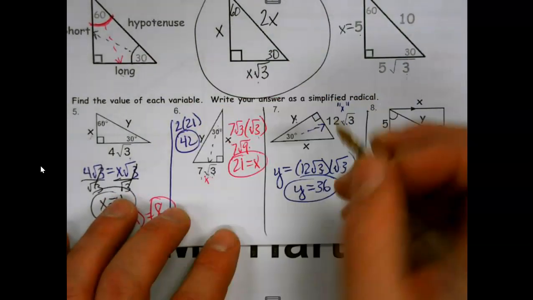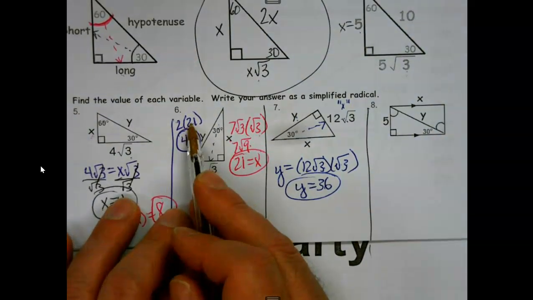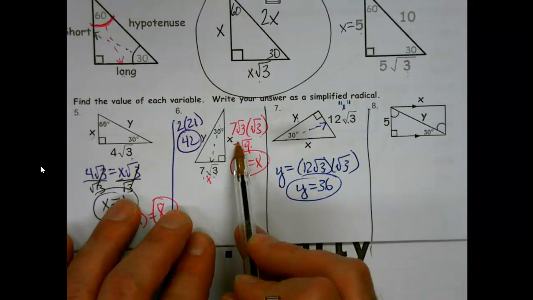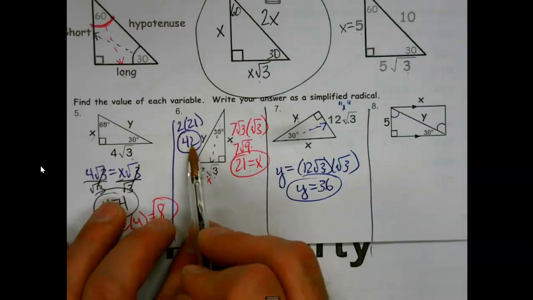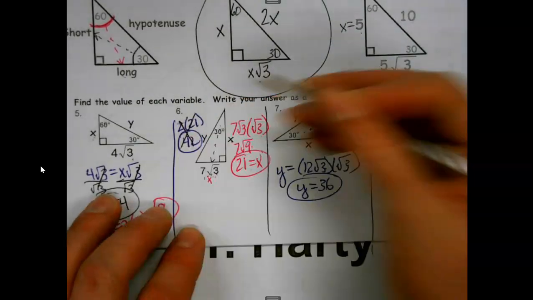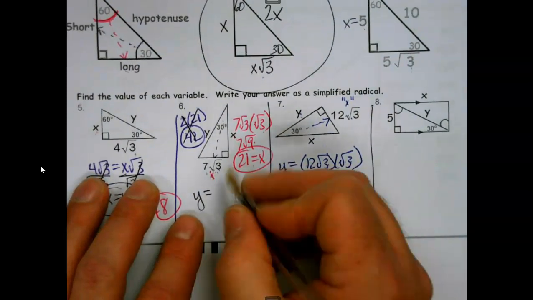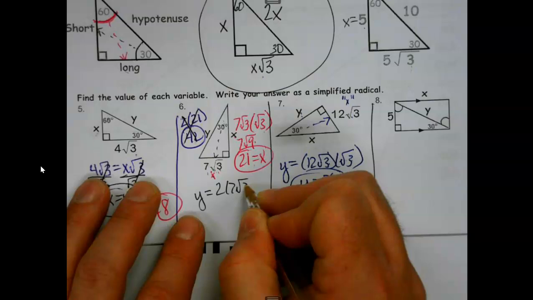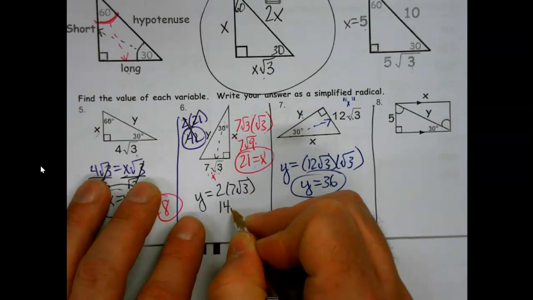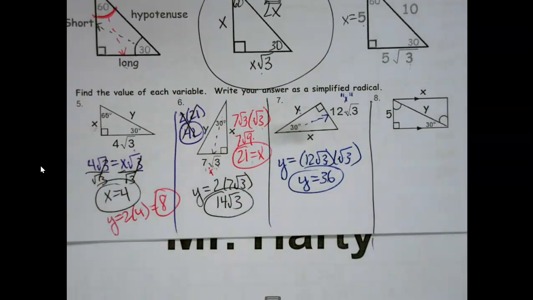Rewind. I did 2 times the long leg here. That's not right. That's the long leg. I should probably start labeling that too. You're right. So this needs to go away. We need to fix this. That is my x. So 2 times 7 square root of 3. Thank you. Yes, yes, yes.